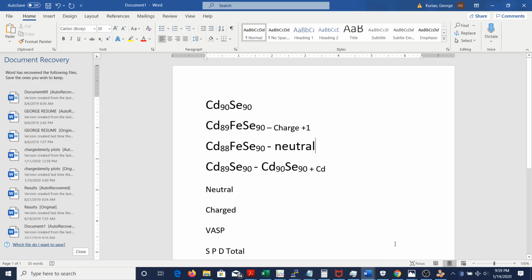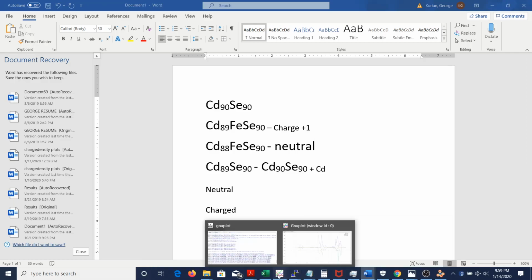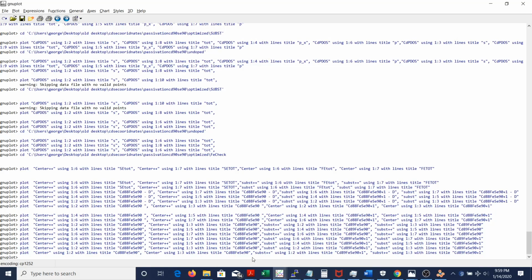So now we're going to compare them. I have the site projected density of states that I got from the VASP calculations.